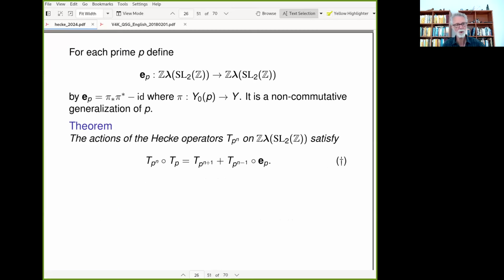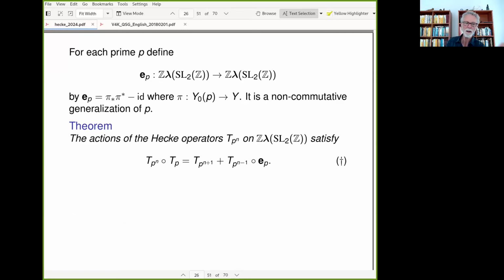However, things get more interesting if you focus on a single prime. So I'm going to let EP be the map from Z lambda into Z lambda that you obtain by pulling up and pushing down along the map from cov P down into Y. So cov P is just Y0(P). So you pull a loop up, push it down.